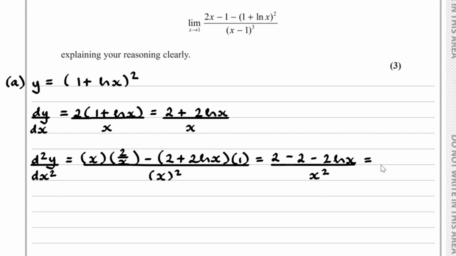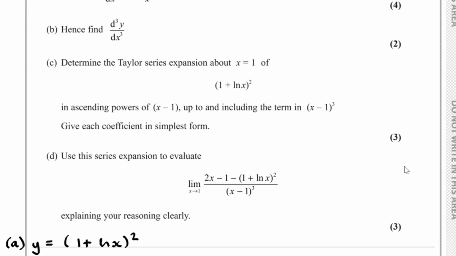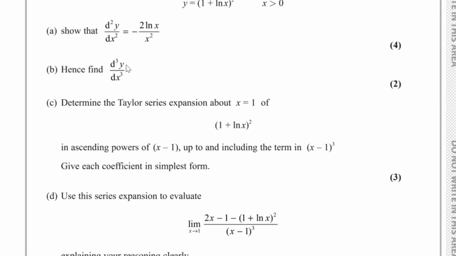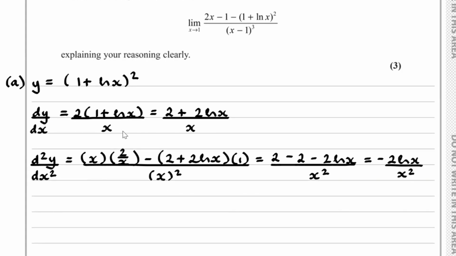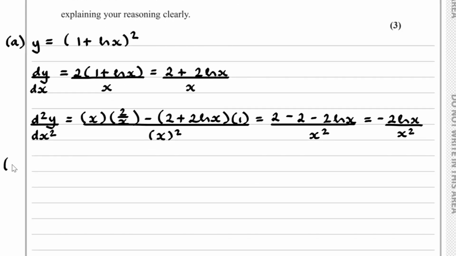So we end up with minus 2 times by the natural log of x over x squared. It's the result we wanted to show. And now we have to find the third derivative. So again, we need to use the quotient rule.